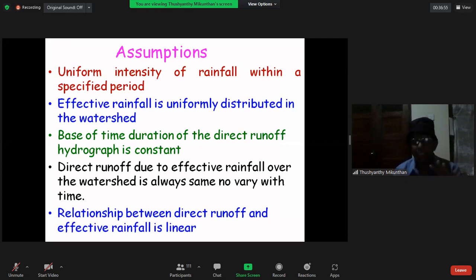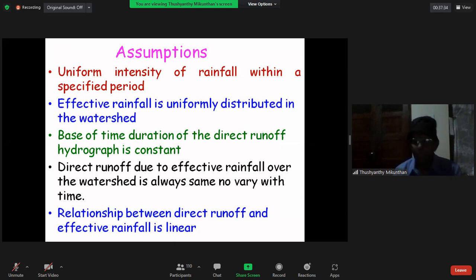The intensity may be 10 millimeter per hour or 15 millimeter per hour, so we can't expect the same or a constant intensity throughout this 4 hour duration. Even though we take this assumption, it is only correct for a short duration of rainfall.